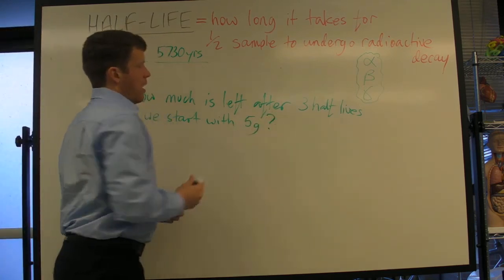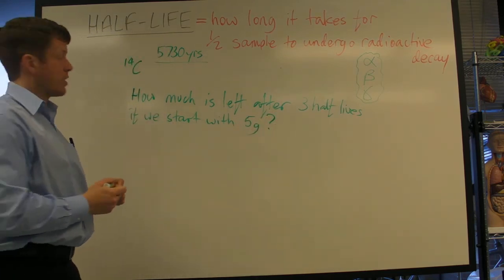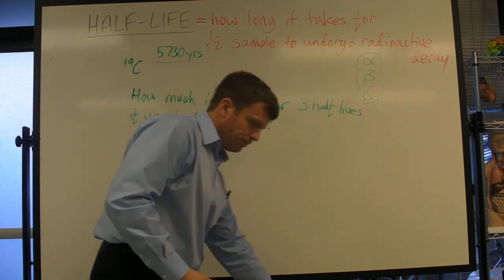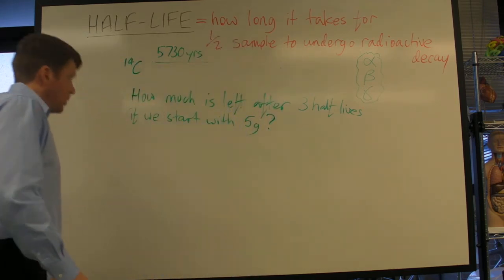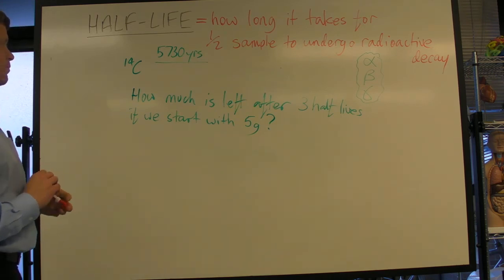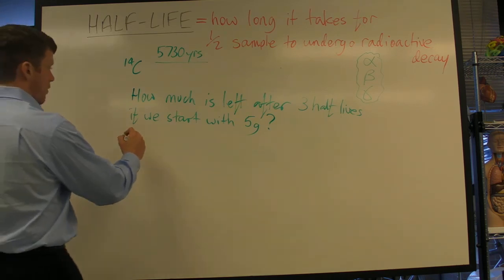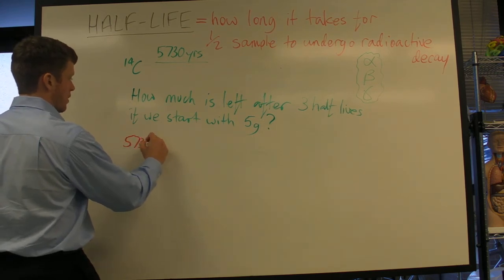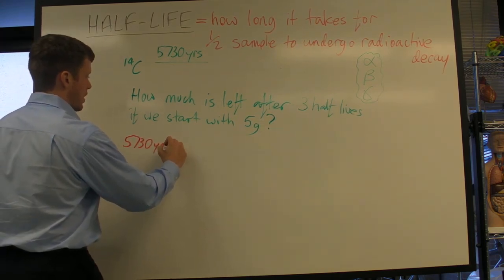How much will be left after 3 half-lives? So the way that you answer this problem, there are different ways to do it. I mean, you could just say, well, 1 half-life is 5,730 years.